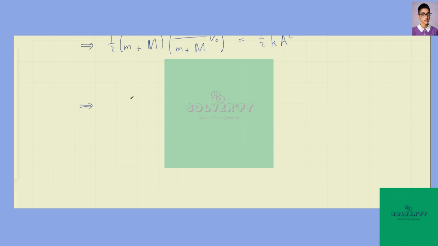So we can make v0, the speed of the bullet, the subject of the formula, and we get v0 to be a over m times the square root of the spring constant K times (m plus capital M). These values are all known, so we can use it to find the speed of the bullet.